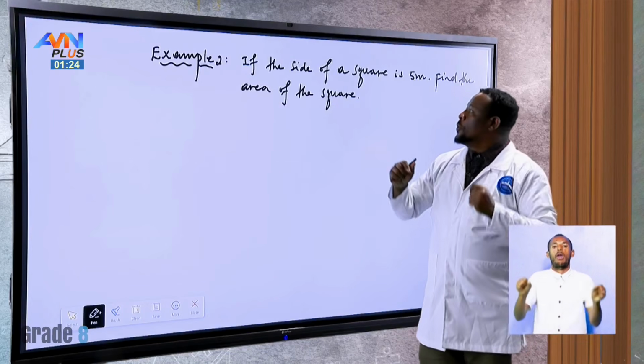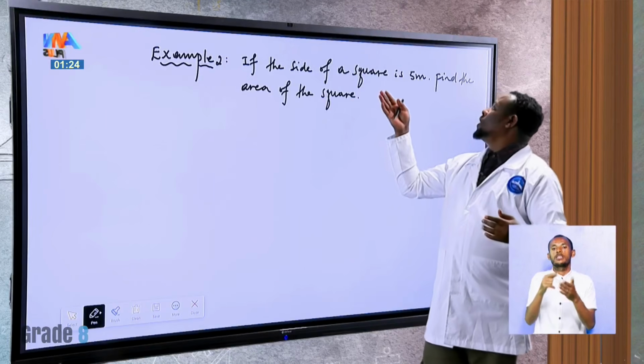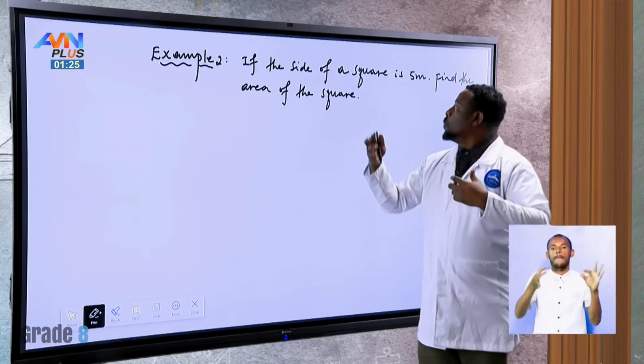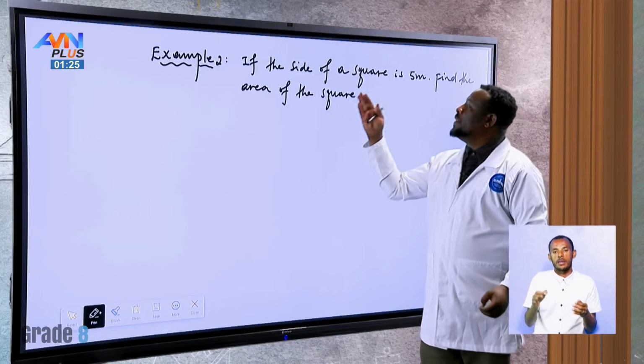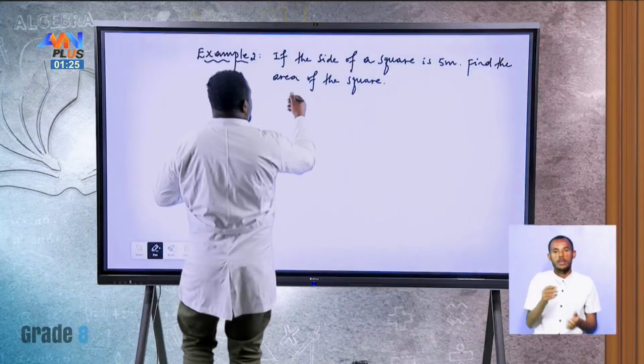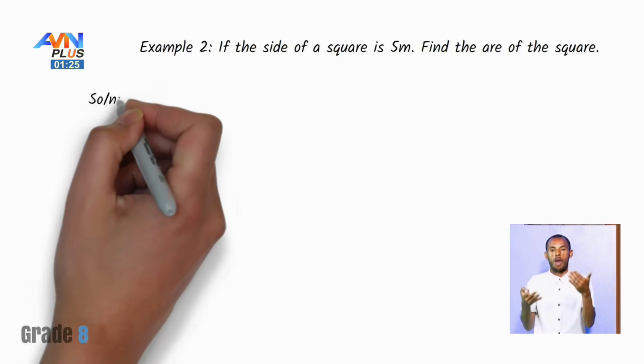So in this example, there is a certain square whose length of side is 5 meter. Here, we are asked to calculate the area of the square. Very simple. So we use the formula that we have seen before.